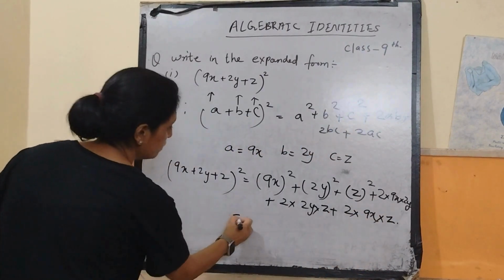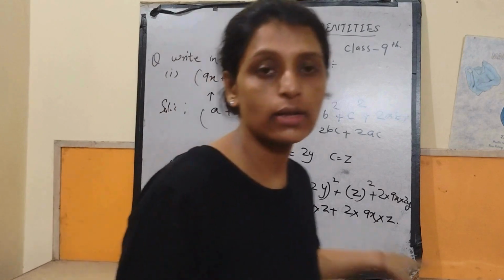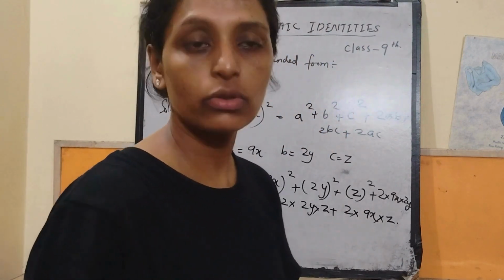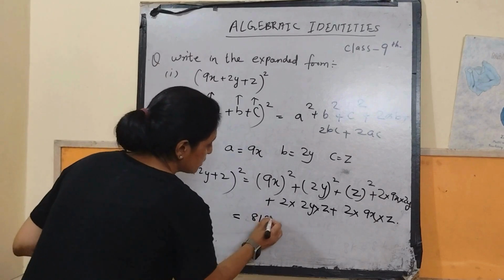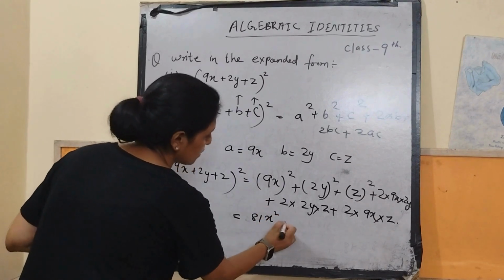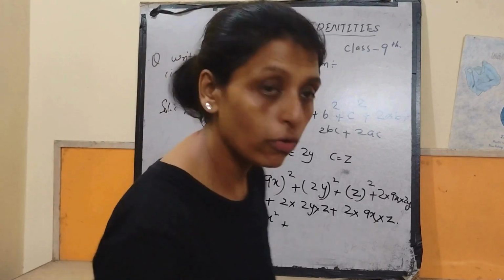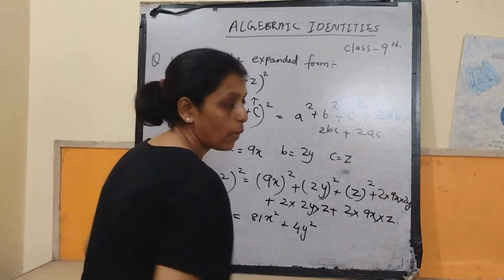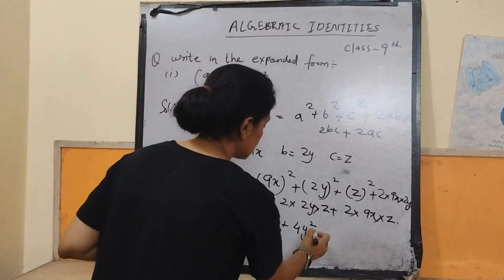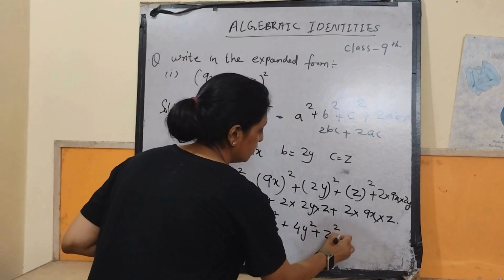Now (9x) whole square. We have to take out the square. So 9 square is 81 and square of x is x square, plus the square of 2 is 4 and the square of y is y square, plus z square, plus.